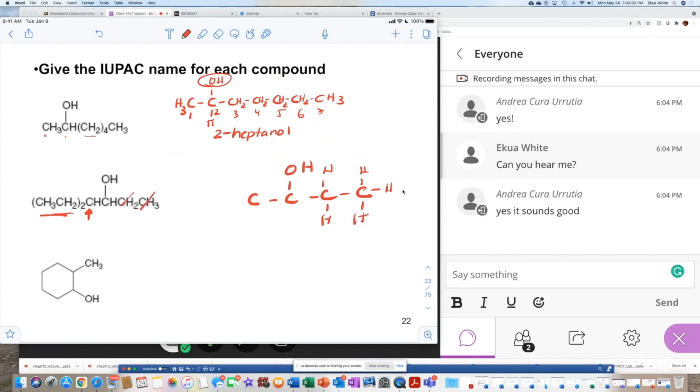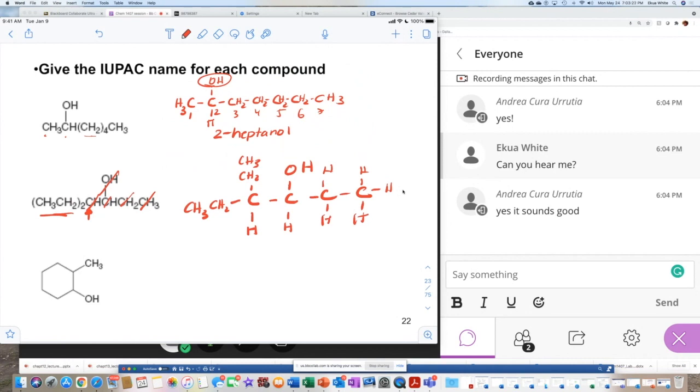I got that one done, and these two done. I'm going to add an H here. Now here I have one H. On top, I have a CH2, CH3. On the left, I have a CH2, CH3, right?